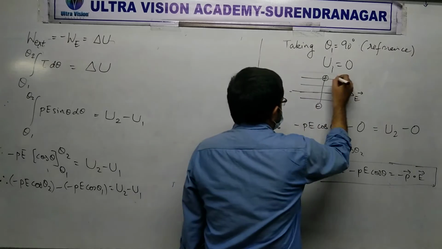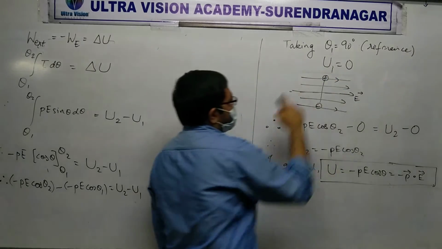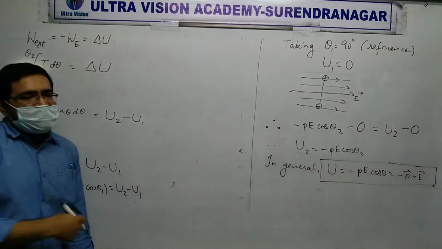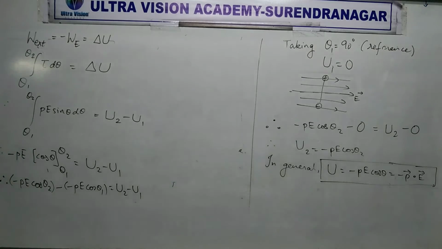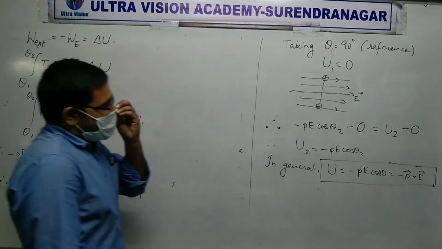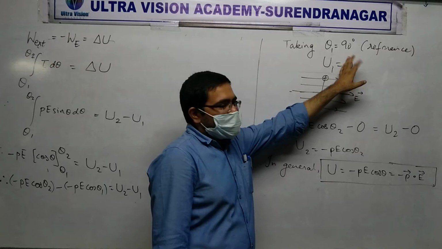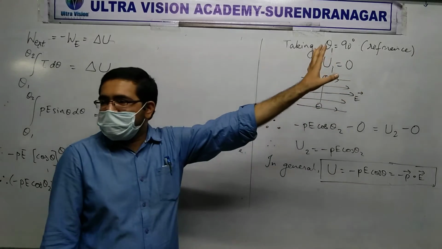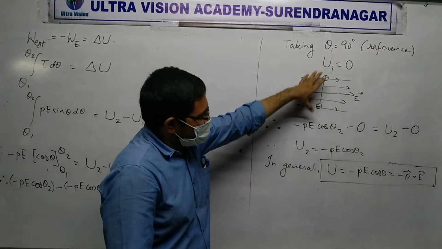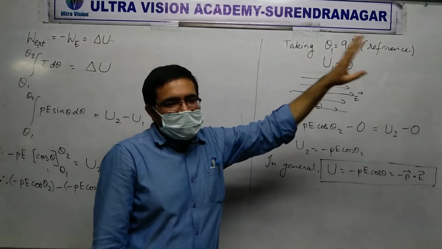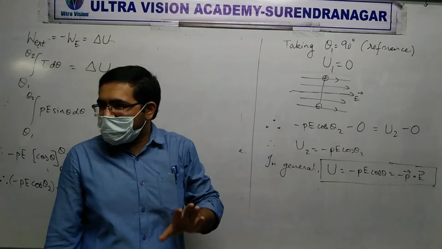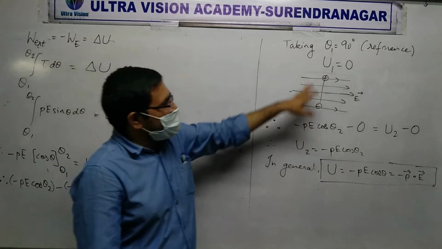This is a good choice of reference. Why is it a good choice? It is actually natural that in this situation the dipole has 0 potential energy. We can derive it in fact, not just assume it.